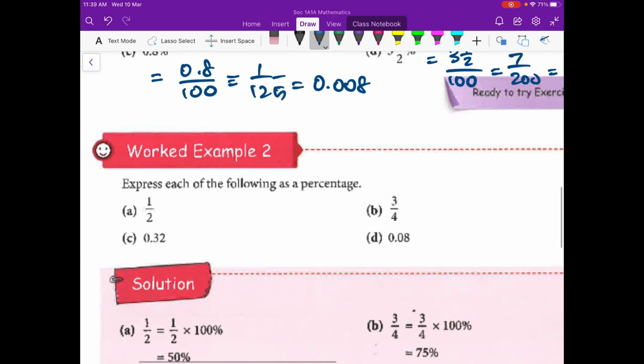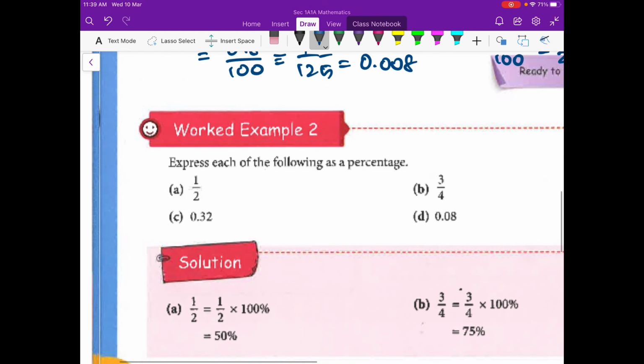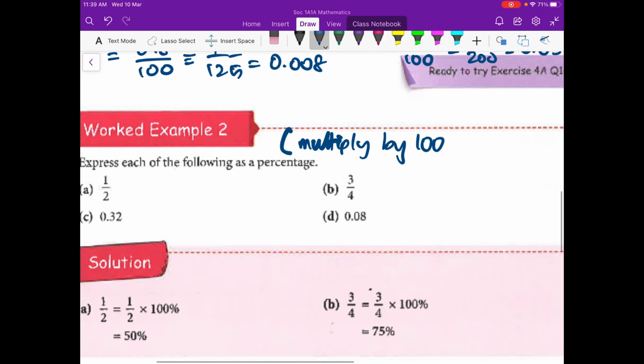Okay, now work example number 2. We are going to change to a percentage. So what we need to do is to multiply by 100%. Okay, write this down at the top for your work example number 2. Multiply by 100%.